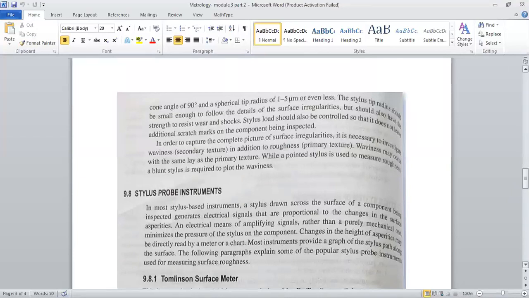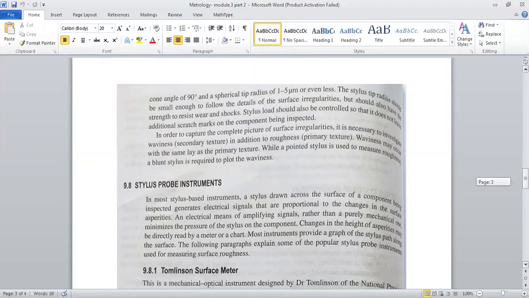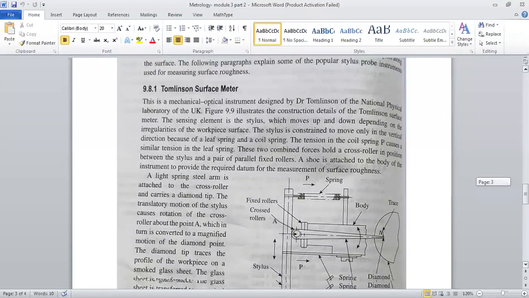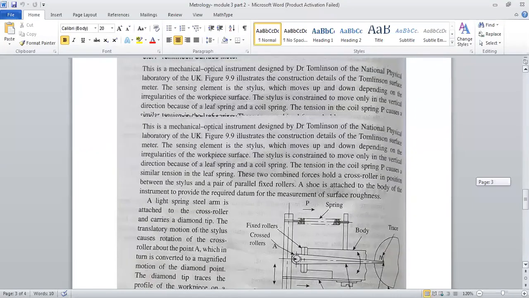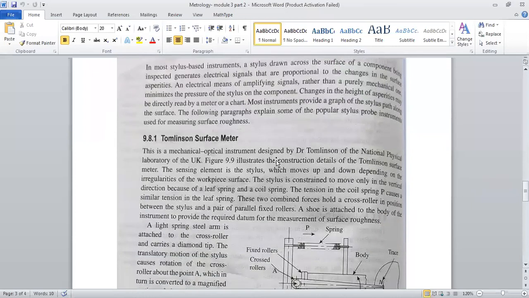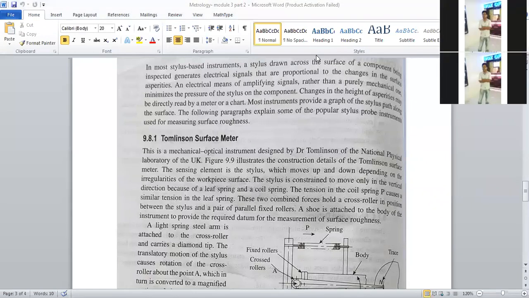The popular stylus probe instrument used for measuring surface roughness. That means equipment is used with the stylus. So this is an example of the Tomlinson surface meter. Dr. Tomlinson invented this.